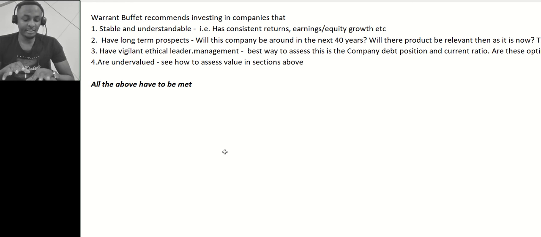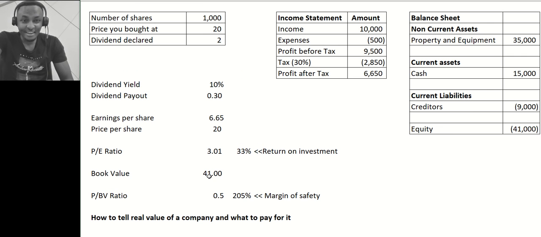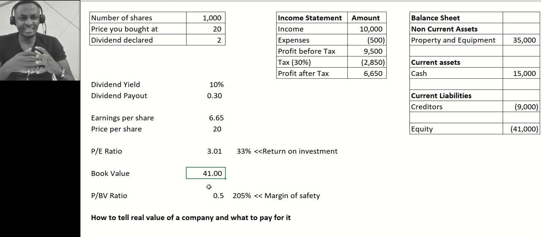You also need to look at the management and the quality of the management, and this is something that I used to ignore, but I take it very seriously these days, because management can actually come in and make a company that has a book value of 41 have a book value of 1 cent because of just mismanaging money. And this we've seen actually a lot with companies that are owned by the government, companies that have a lot of potential, but because of mismanagement, you find that they keep on eroding the shareholders' value.